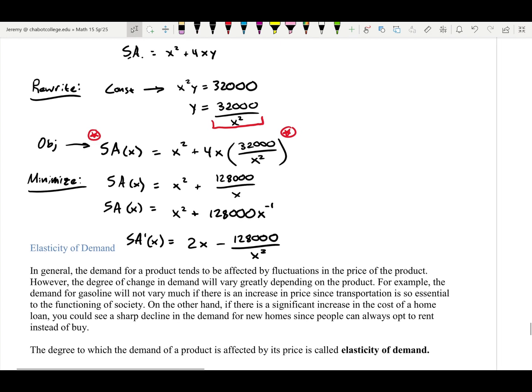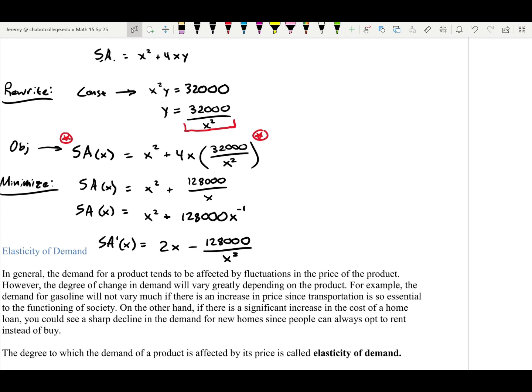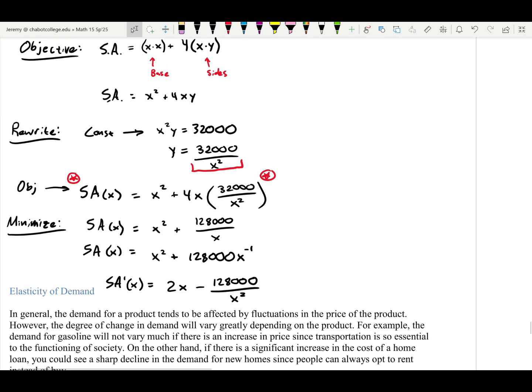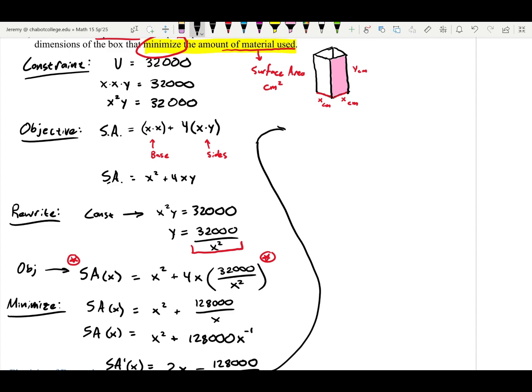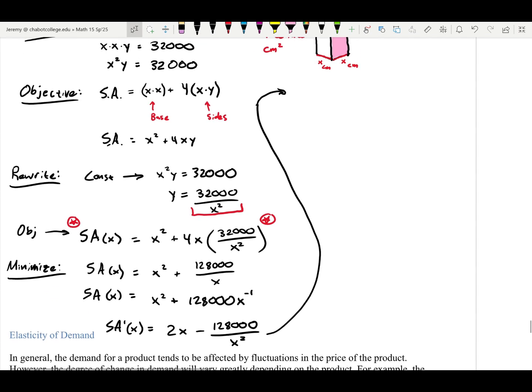And we can find our critical numbers for this. Critical numbers, so for what values of x is this derivative equal to 0, or where is it undefined?